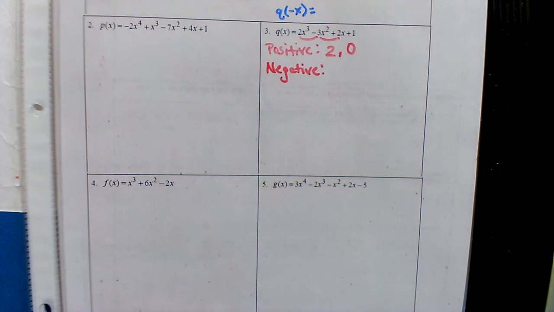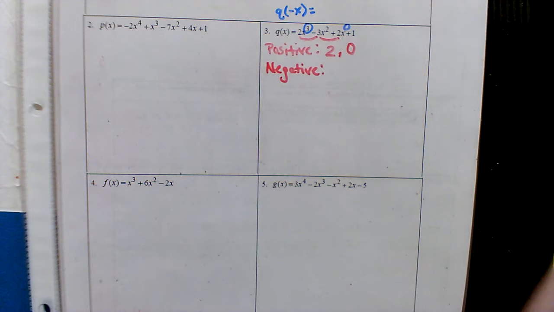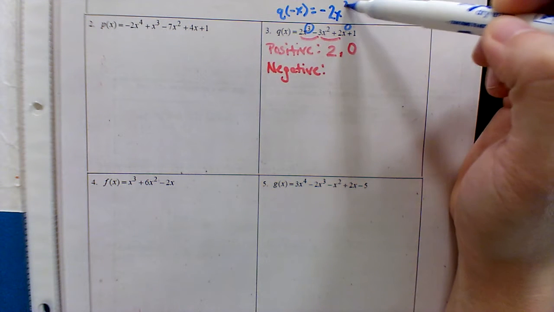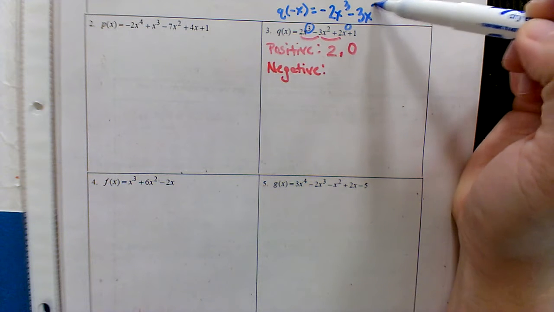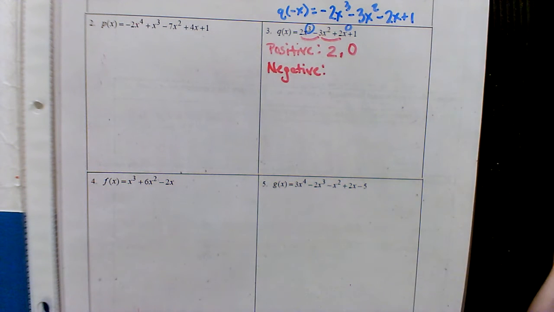I know that's probably not the right term for me to use, but we're going to plug in a negative x for all the x's in the original. And Ashlyn mentioned how we have a shortcut to help us simplify that. All of the odd-powered terms are going to switch sign. All the other ones, though, stay the same. So this would be a negative 2x cubed minus 3x squared minus 2x plus 1.